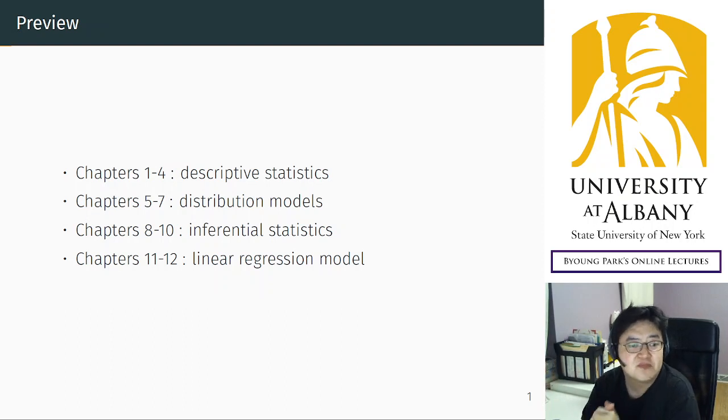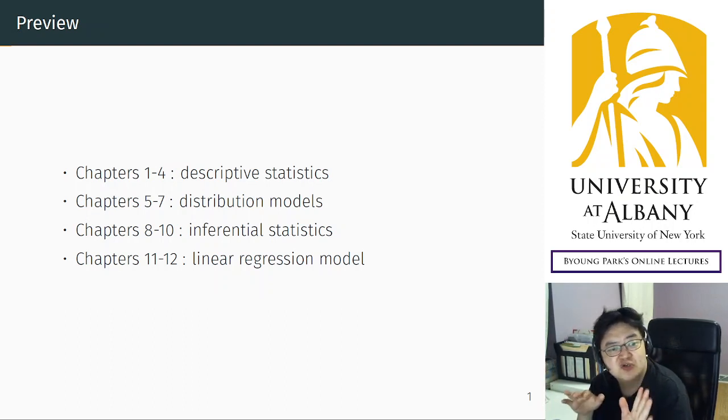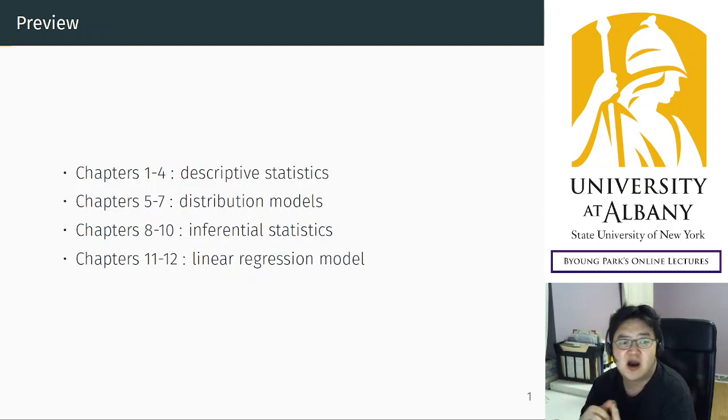The first two parts, descriptive statistics and distribution models, are more theoretical. It's not practical, but from chapter 8, we learn more practical statistical tools.